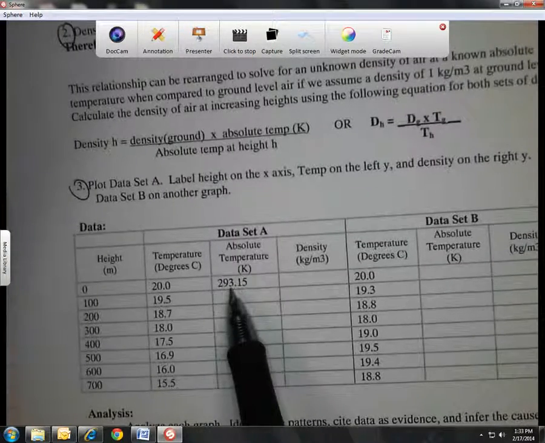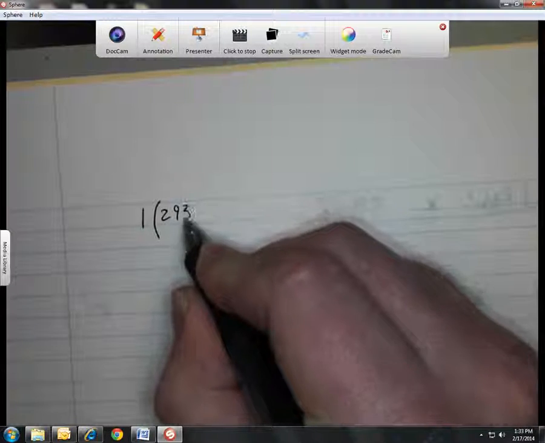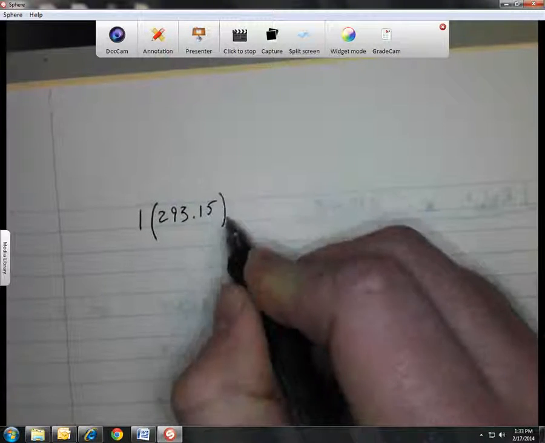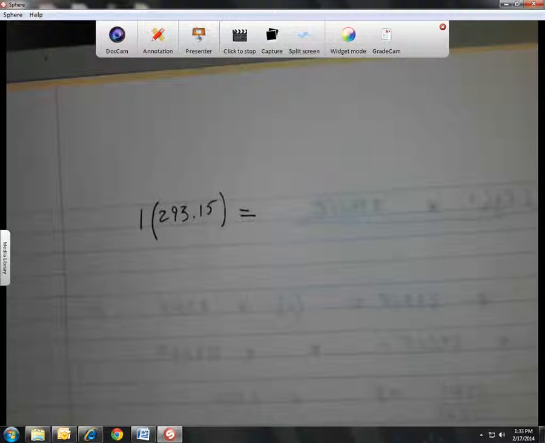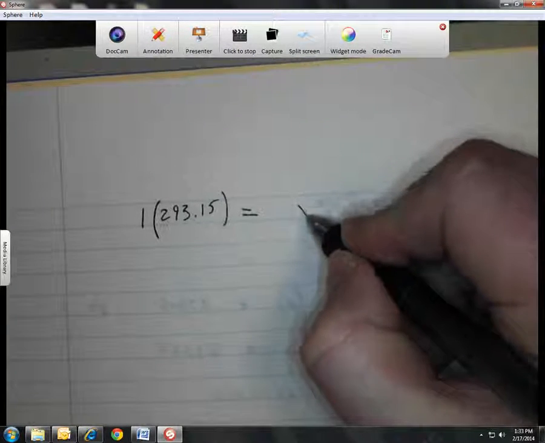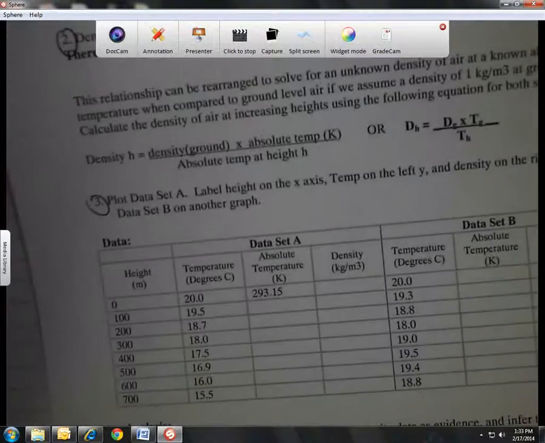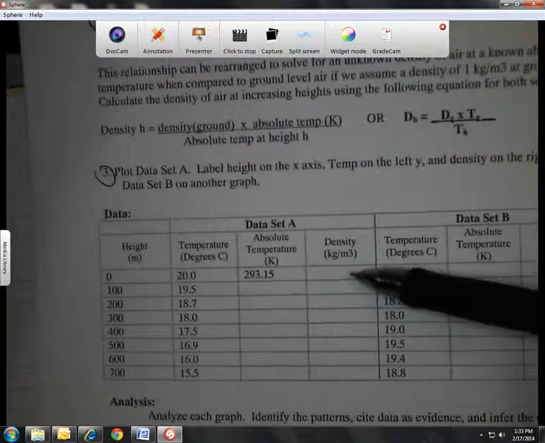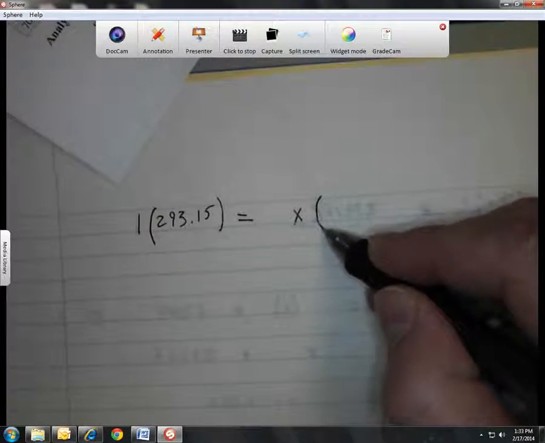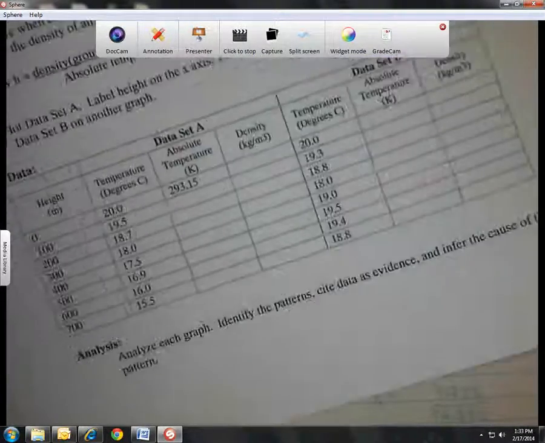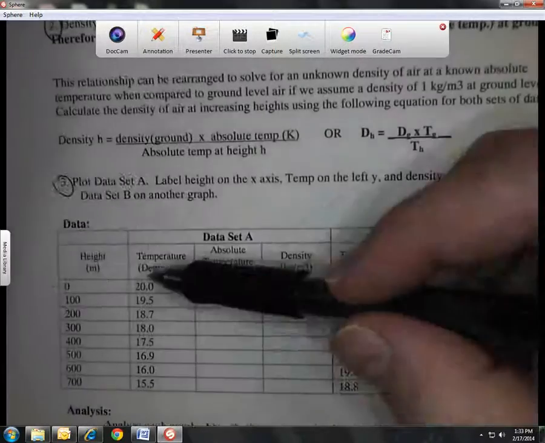So 293.15. That should equal the density that we're trying to solve for, which is going to be x, times the temperature at that particular height. Since we're at 0, which is ground level, our temperature is going to be the same as our absolute in this case.